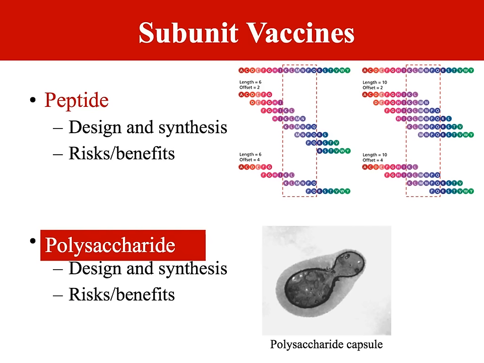The next group of vaccines we want to talk about are subunit vaccines. So the major difference between whole infectious agent vaccines and subunit vaccines is that subunits contain only a single part of the infectious agent, not the entire thing killed, not the entire thing live, certainly, but only a certain part.